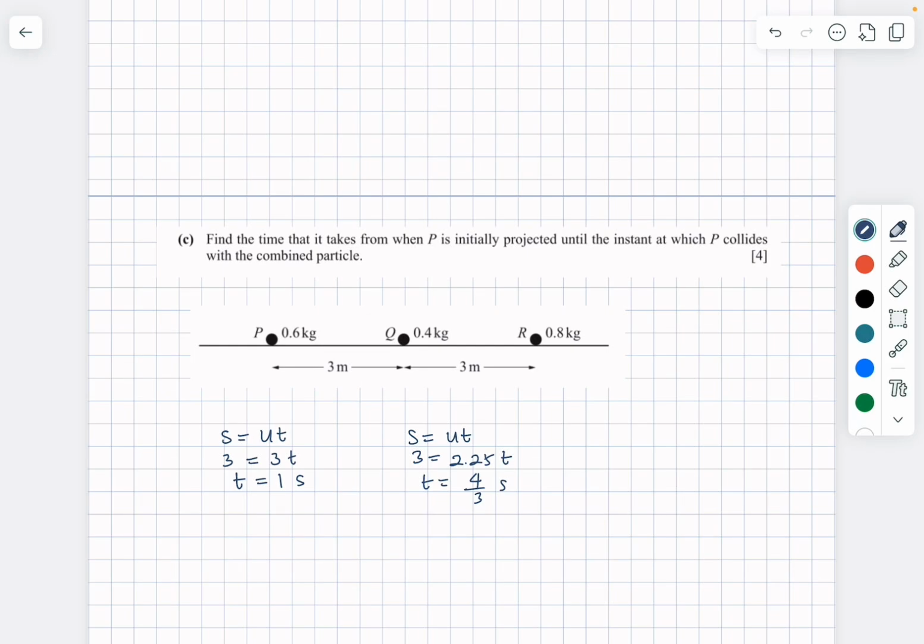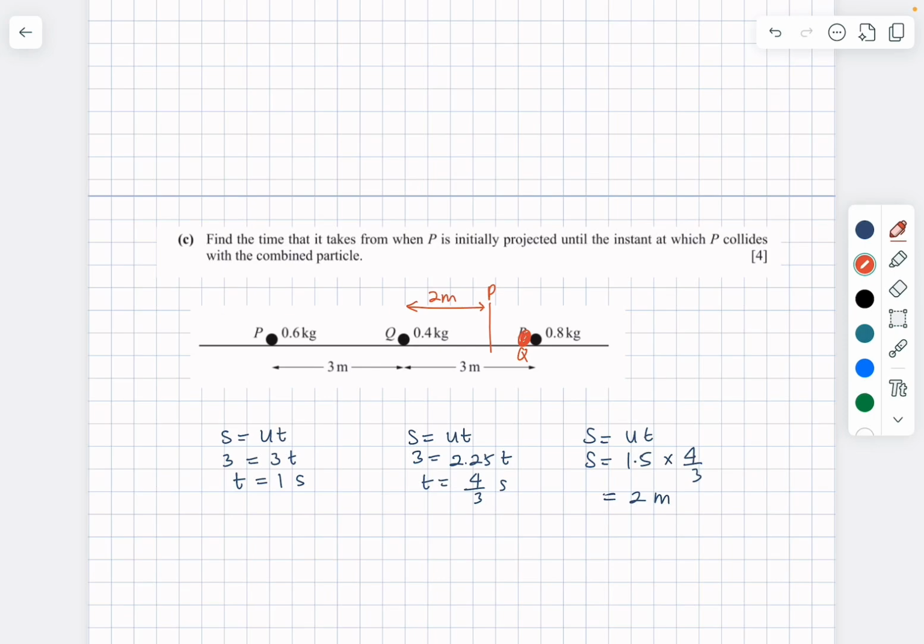We input this time into the equation of P. 1.5 times 4 over 3, which is 2 meters. This is the position of P, 2 meters, when Q reaches R.